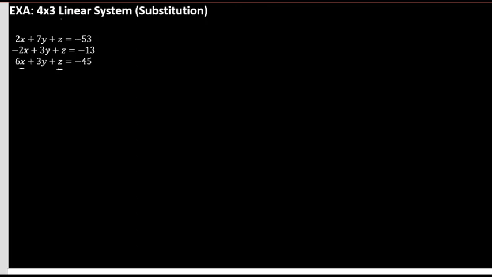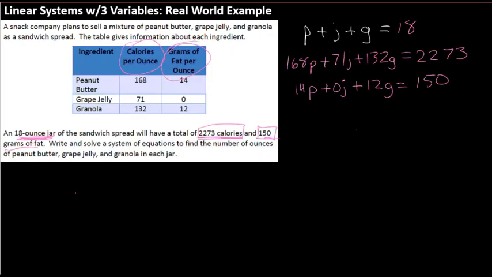So anyway, we've got a linear system here, and just like with the simpler systems, we can use substitution. But you're going to see substitution gets gnarly, so let me back up.